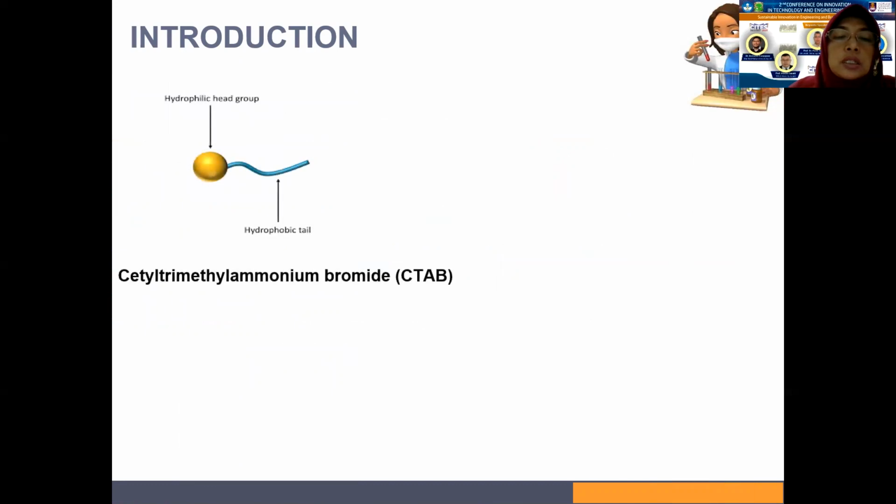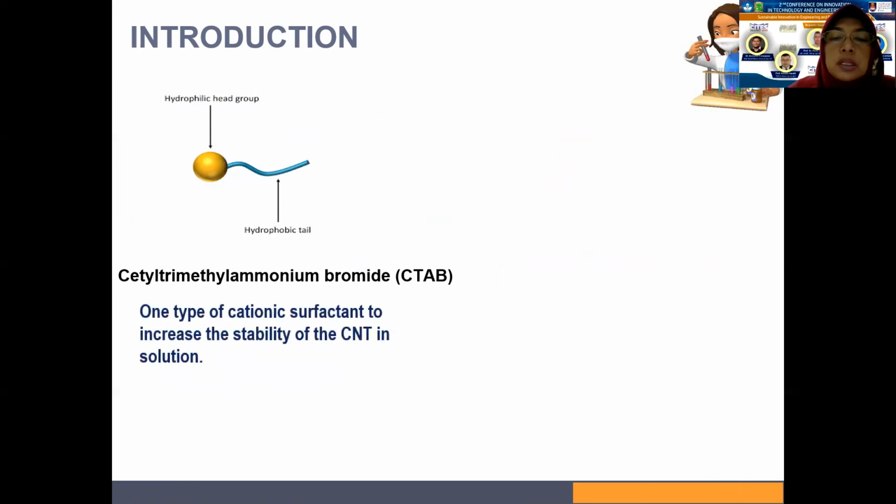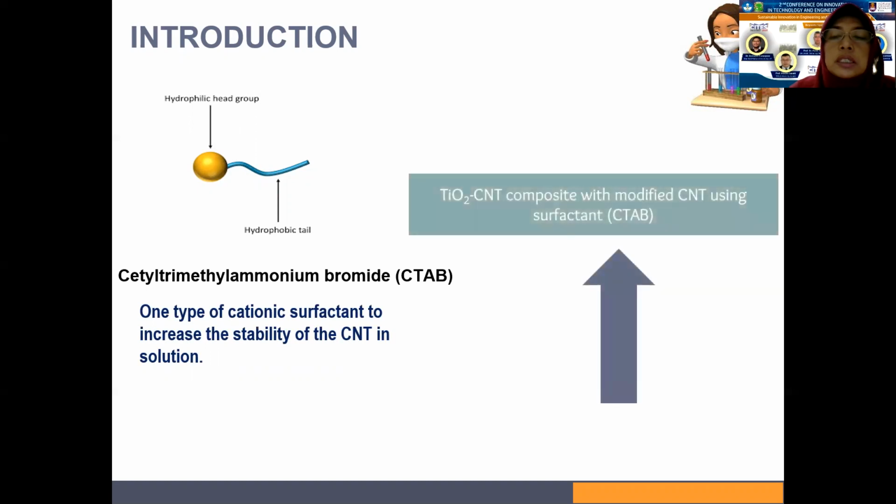Studies show that there are weaknesses in TiO2 CNT composites, such as low CNT solubility levels. CTAB is a type of cationic surfactant that is widely used to increase the stability of CNTs in solution.